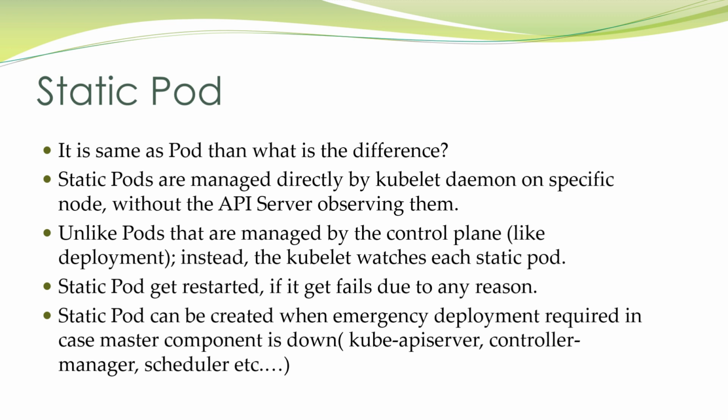The kube API server passes this information to the scheduler to create the pod, and all the information is stored in the etcd database, based on the decision made by the kube scheduler.